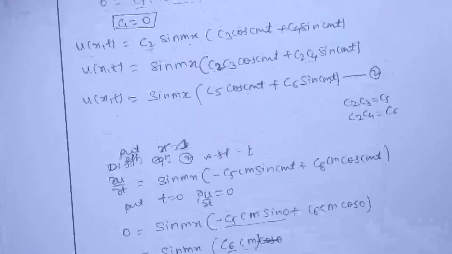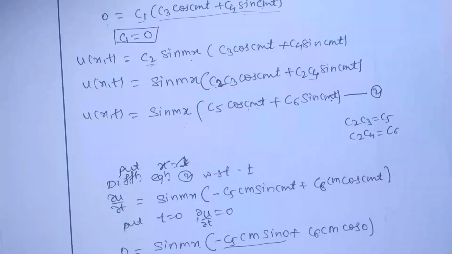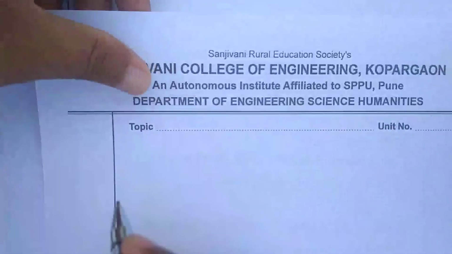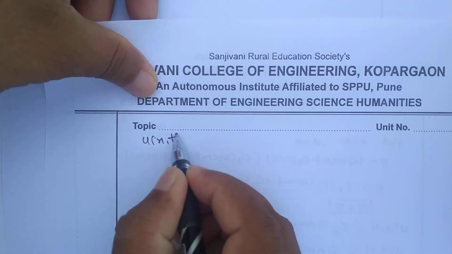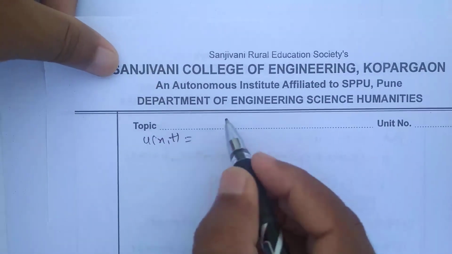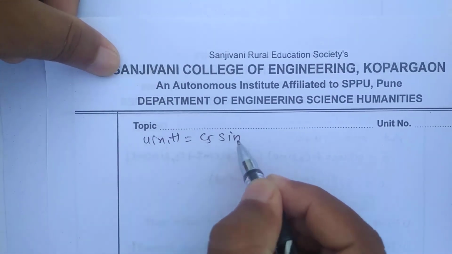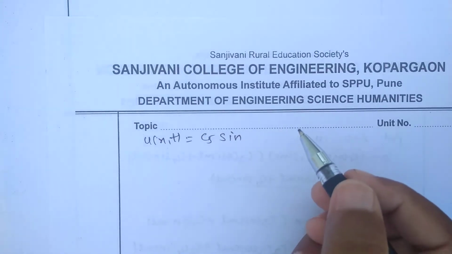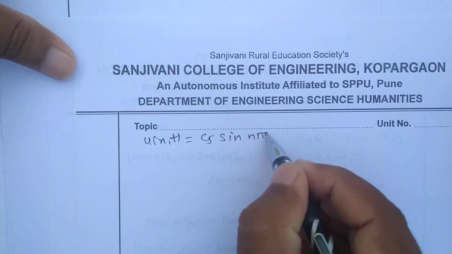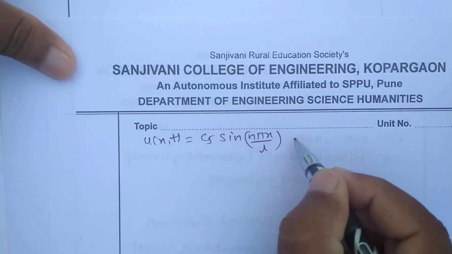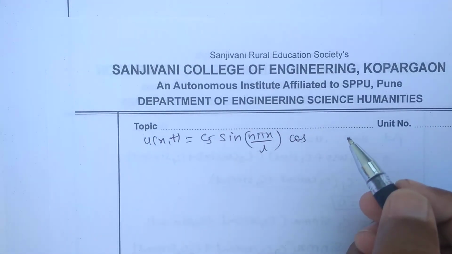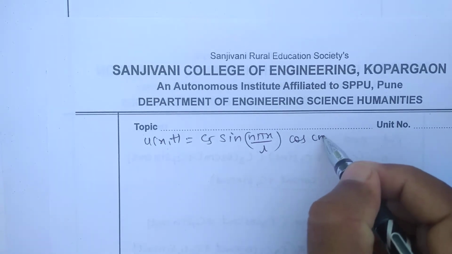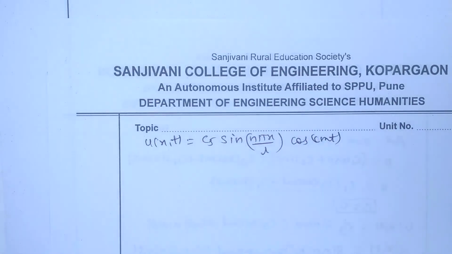We will get u of x comma t equals c5 sin mx. The value of m is n pi by l. So you will get sin n pi x upon l into cos cmt as it is.